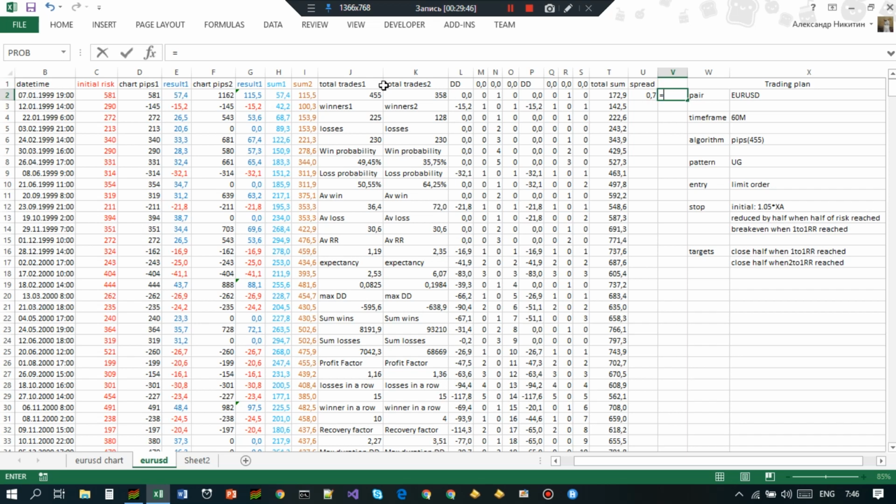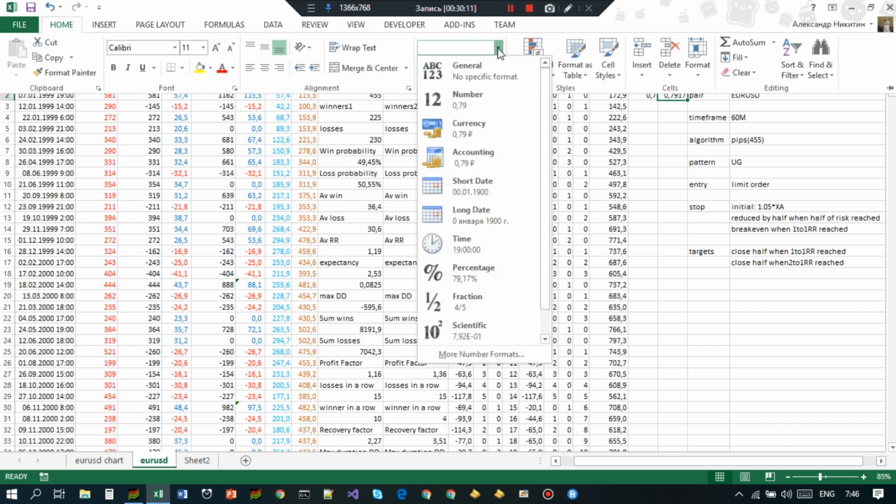It equals this datetime, and we subtract the integer part of it. Okay, and we have this number. Don't be afraid. This number is a time number. What you need to do is go and change this format from general into time.